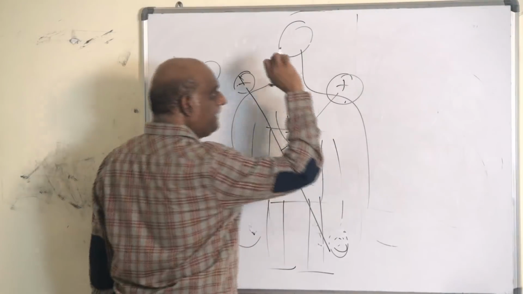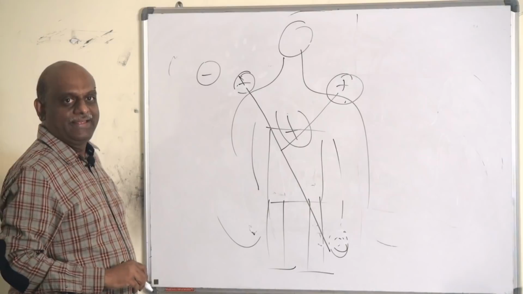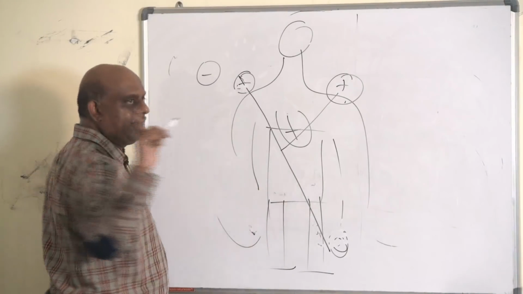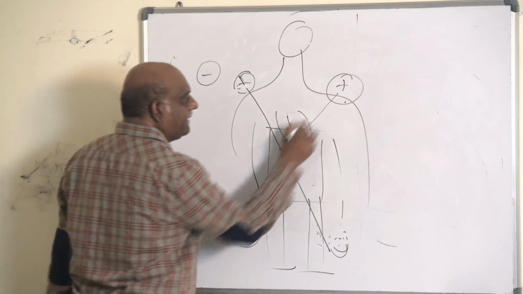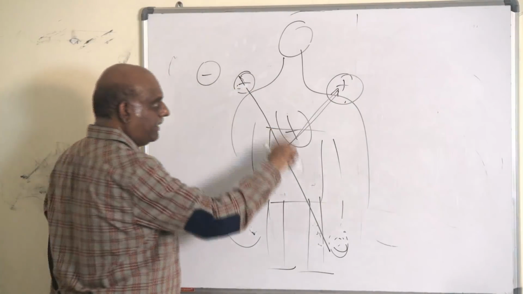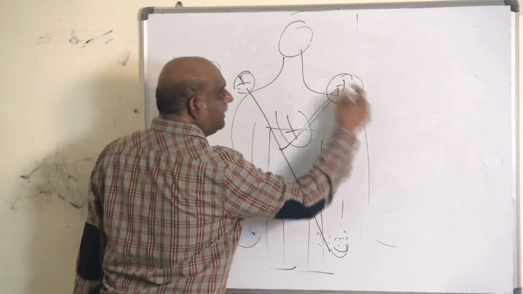Let this be made plus. So the right arm and left leg are combined, made to become one lead, and then you are trying to connect with the left arm.